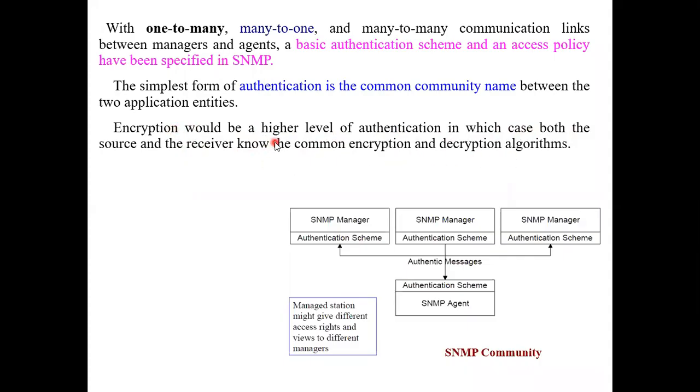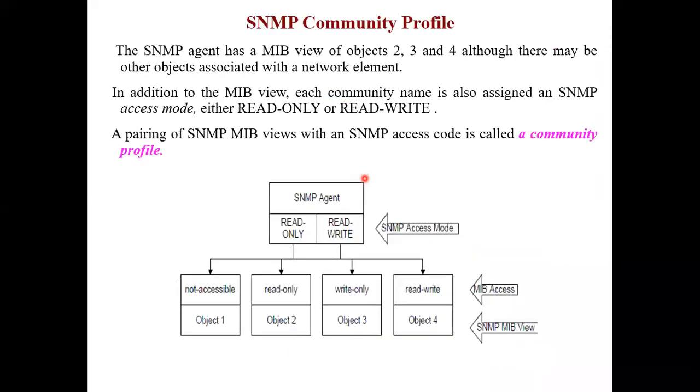So that is the higher level of authentication. If we want to do it, we can, but since it was the first version, we didn't keep any encryption or decryption algorithm. It was just by defining a community and putting the agents and the manager into one community that they were allowed to exchange the data.